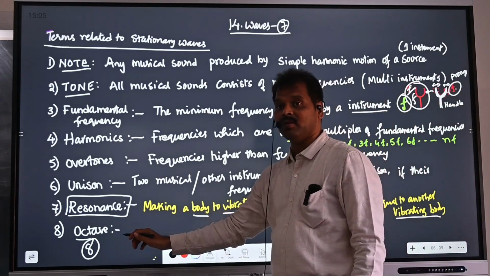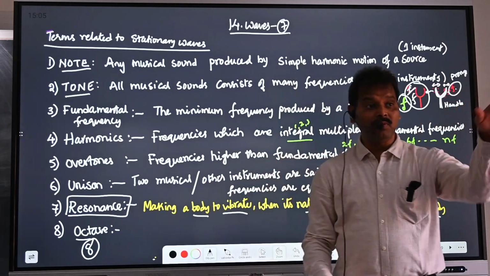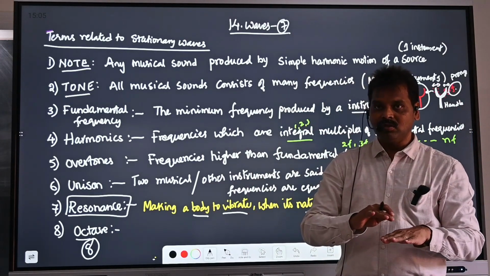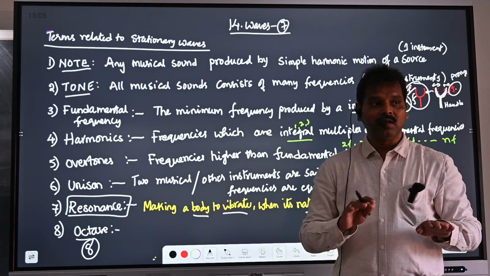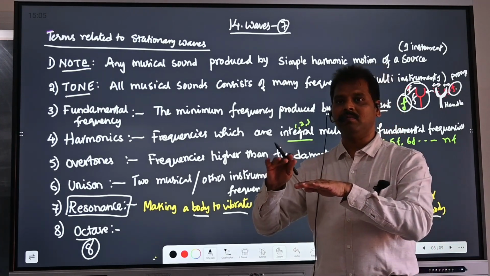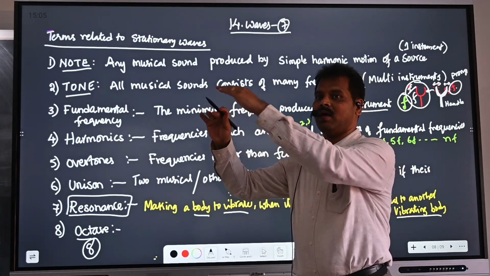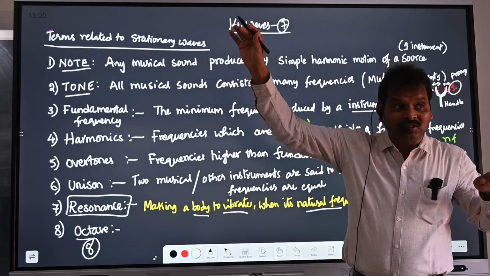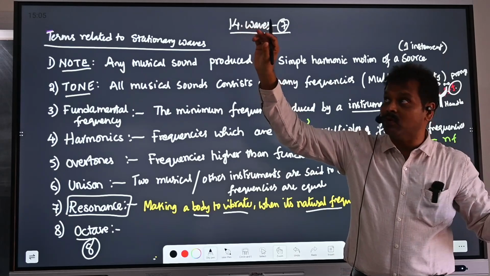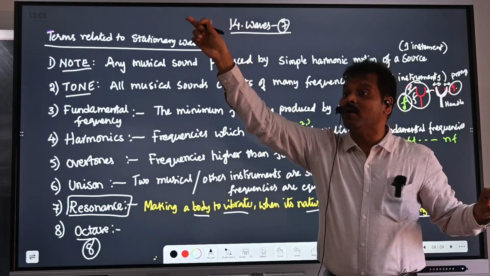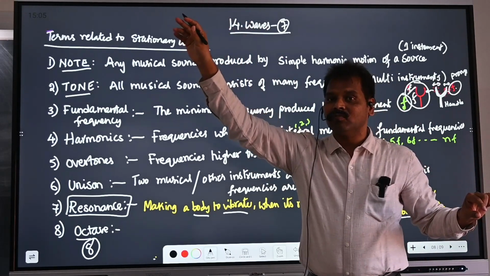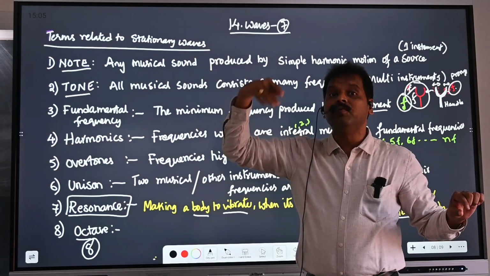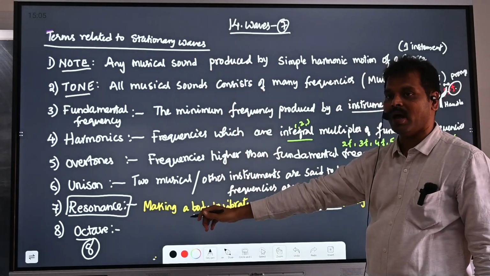Here also, octave means what? In the music classes, those who attend music classes know. In this sa re ga ma pa da ni sa, the first sa has frequency F, and the next sa should have 2F. It should be doubled. After the 8th one you have to increase your frequency. That is called octave. What is octave?